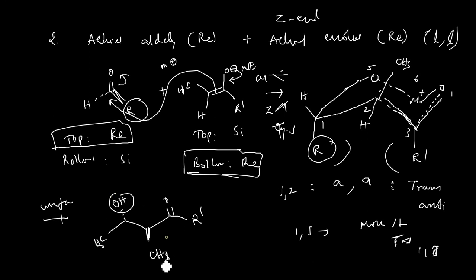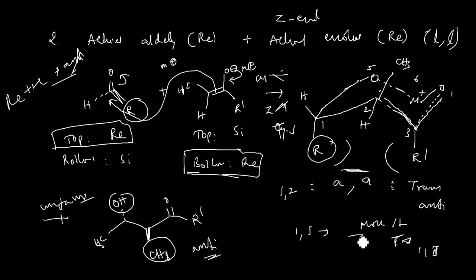So this OH and CH3 are in anti position. It means when you have the Re and Re combination, you are getting the anti product. But since it is unfavorable because of more steric 1,3-diaxial interactions here, that is the reason you get anti. Though you are getting anti here, it is always unfavorable.